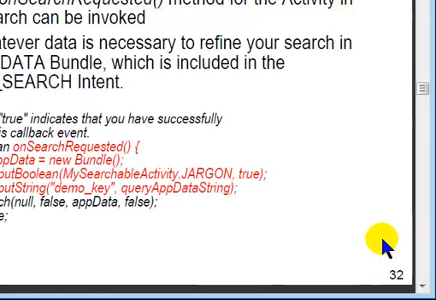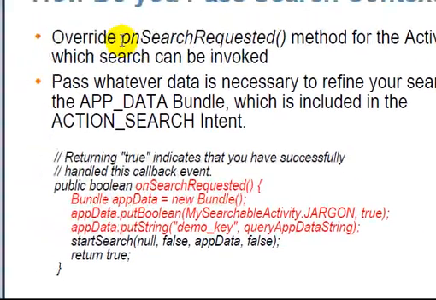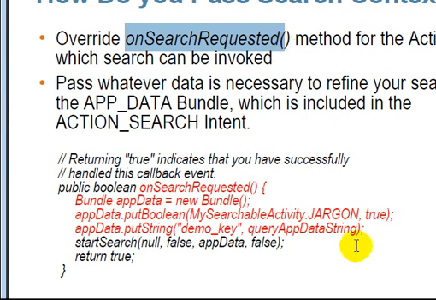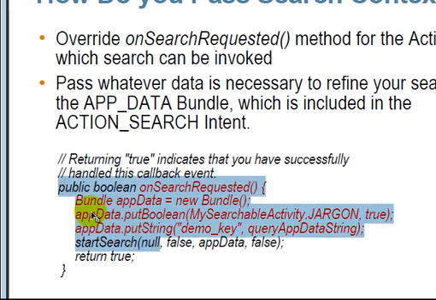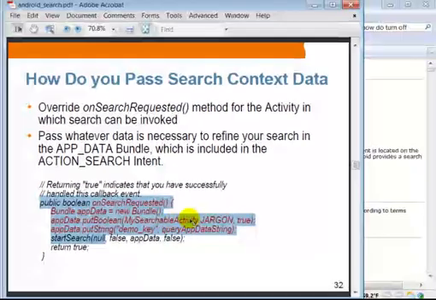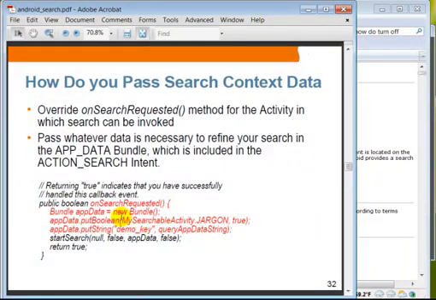So this is the code showing how you can pass search context data. This code is inside your onSearchRequested method, so you are overriding it. This is how you construct a bundle object in which you add context data. We have two context data items: one is a Boolean and the other one is a string.